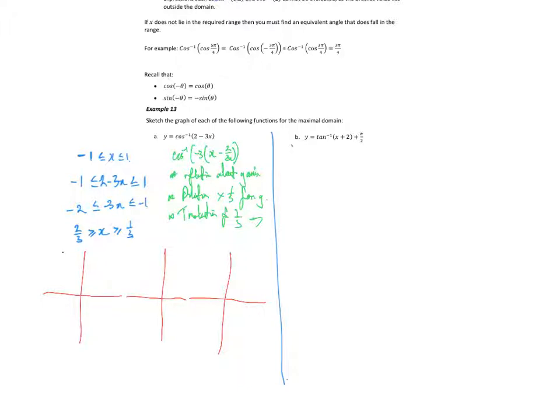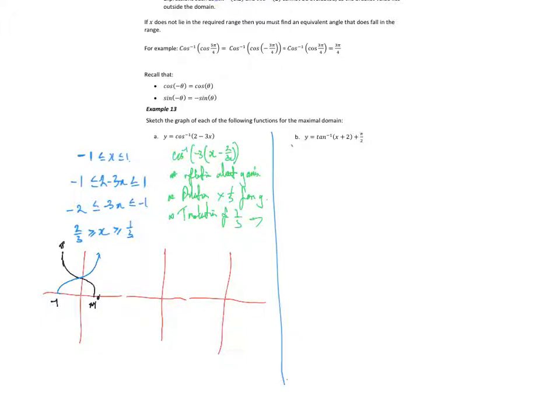Original graph, let's put it in. So we've got 1, -1, 0 to pi. And if we reflect that about the y-axis, the first thing I'm going to do is go something like that, still at -1 to 1.